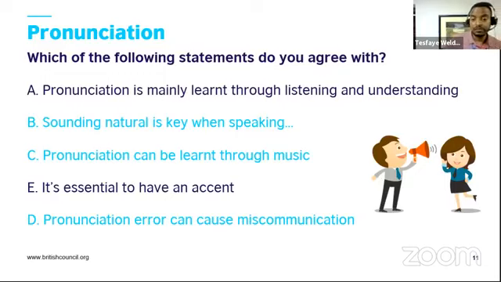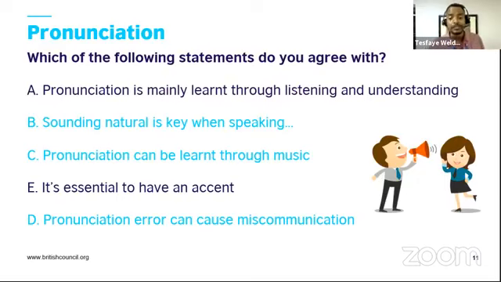Pronunciation can be learned through music. Yes, it's a really good way of learning a language, I'd say. So listen to music, sing along. It's not only listening. Listening to music will help you with your listening skills. It will also help you with vocabulary, and also you can see the words in context. It's really good.